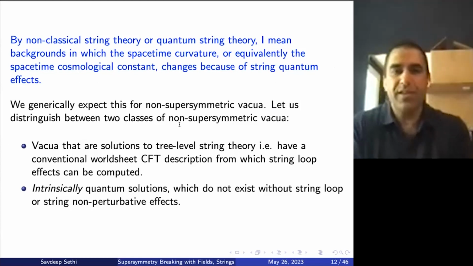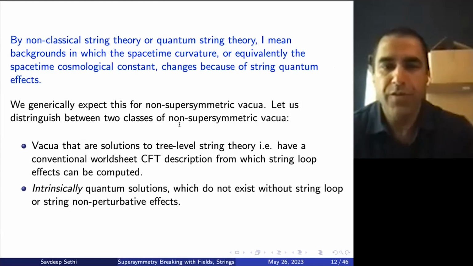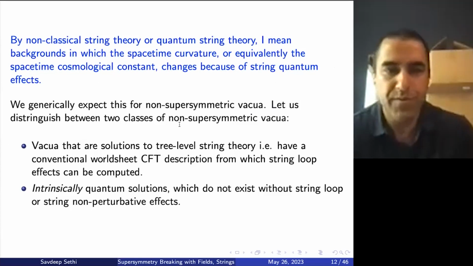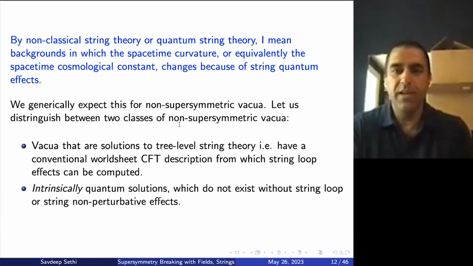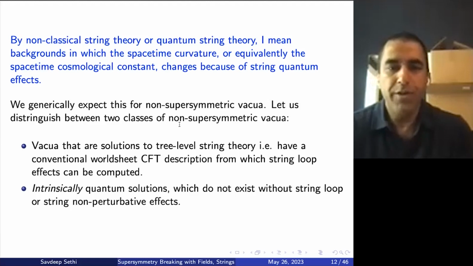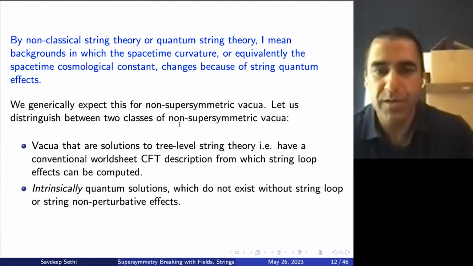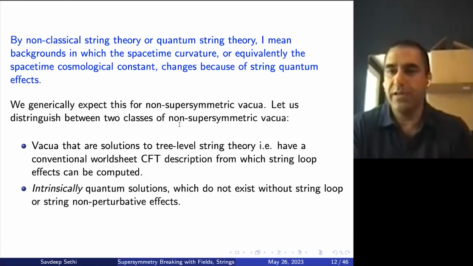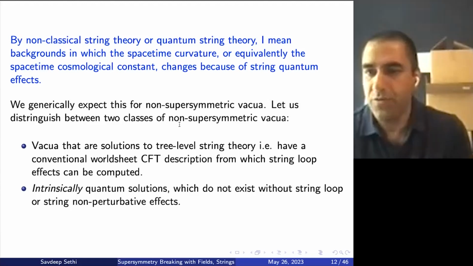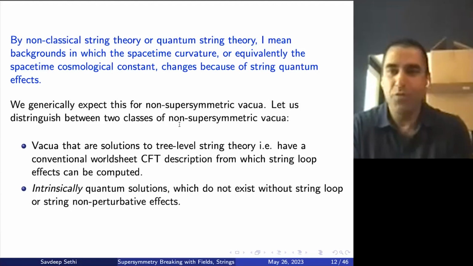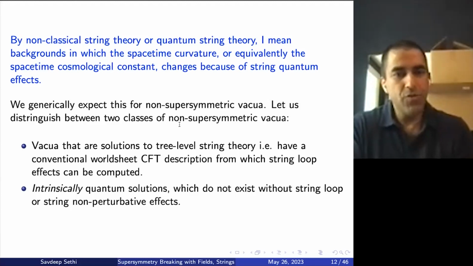All I mean by this is a background in which the space-time curvature, or equivalently the space-time cosmological constant, changes because of string quantum effects. So this is something we just generically expect to be true for non-supersymmetric vacua. There's no reason why loop effects or string non-perturbative effects shouldn't modify the cosmological constant. And it's worth distinguishing between two classes of non-supersymmetric vacua.